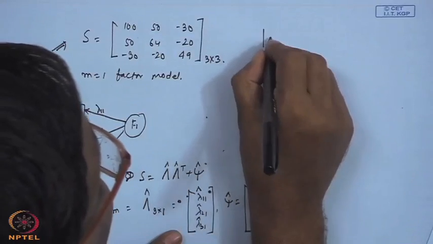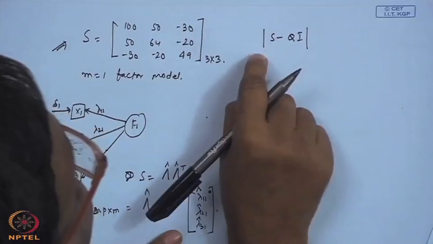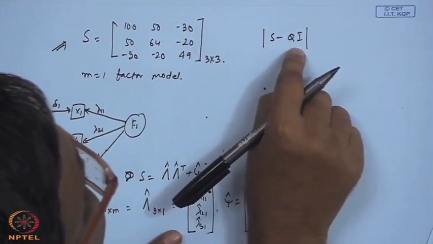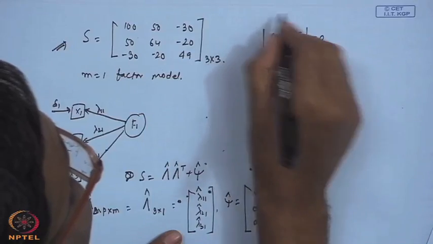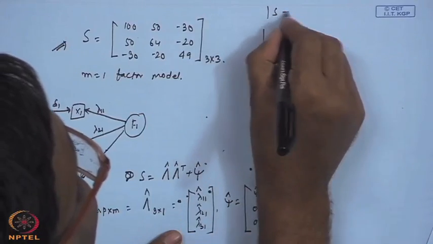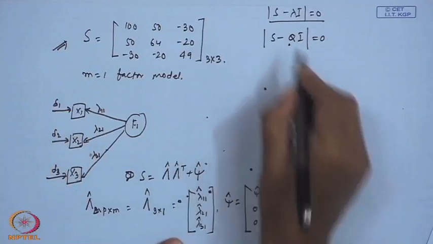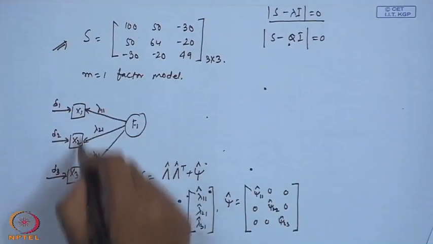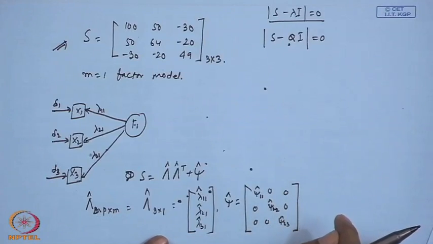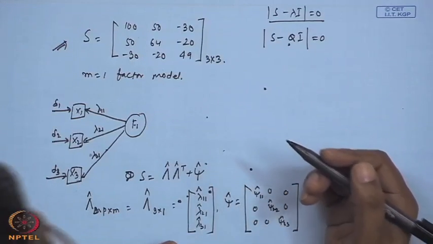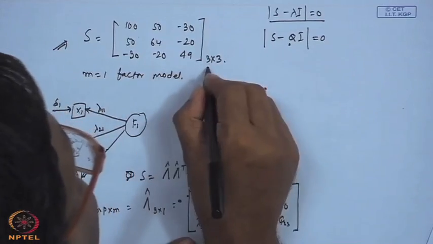So all of you know that the determinant of S minus Q I will be 0. In PCA analysis I wrote S minus lambda I equal to 0. Here I am using Q, as I told you earlier, to differentiate lambda as loading from the eigenvalues.